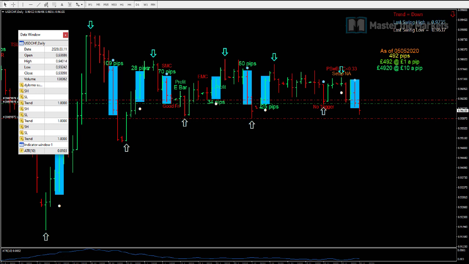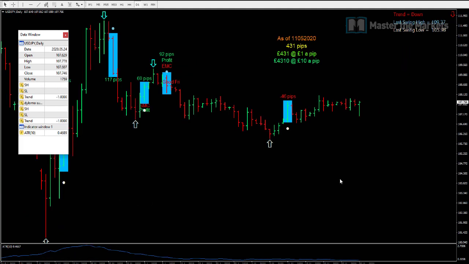In terms of a quick analysis of the market, you can see over here that dollar Swiss just broke out of its consolidation, carrying on in its downward trend. Dollar yen has still reversed back totally over here, still isn't keeping in this range of this consolidation point, as you can see.